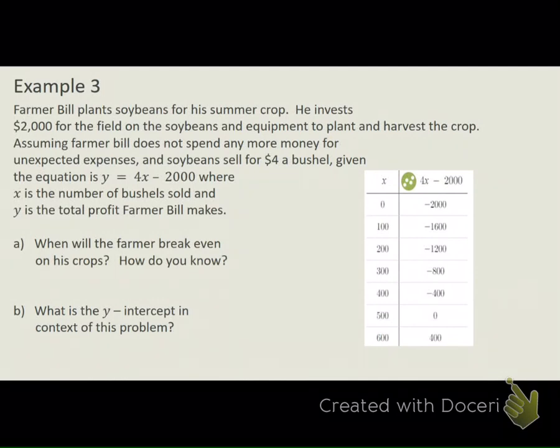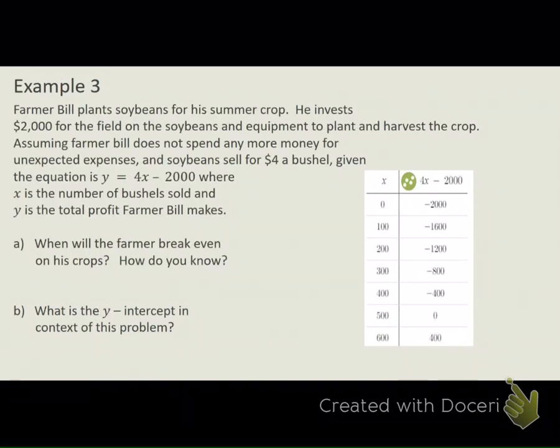Okay. Farmer Bill plants soybeans for his summer crop. He invests $2,000 for the field on the soybeans and equipment to plant and harvest the crop.